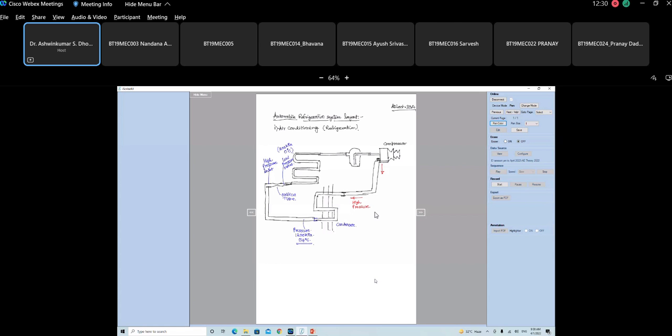Then this is going to be the evaporator. These are the evaporator tubes. So the evaporator is usually low pressure.